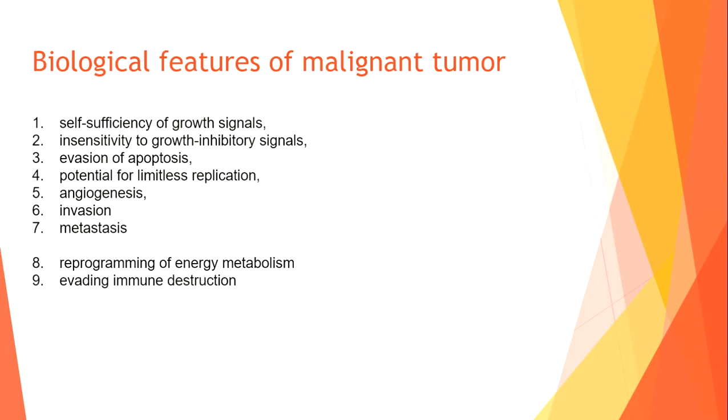Any cell needs its energy, and the energy supply for most tissues in our body is provided via vessels. So angiogenesis is an important factor, and malignant tumors have more vessels than normal tissue.